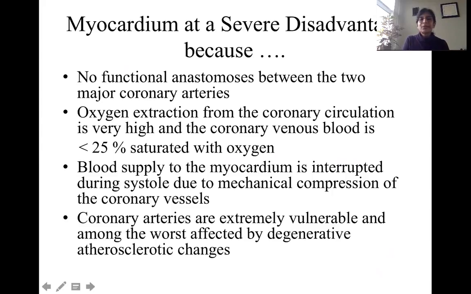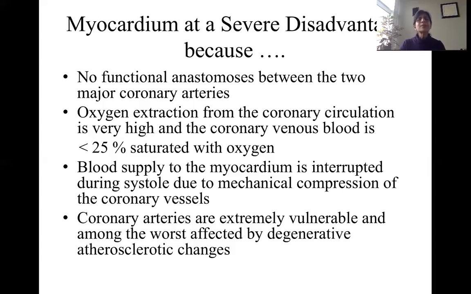What are these challenges? Well, they're listed here. No functional anastomosis between the two major coronary arteries. Anastomosis are these connections between the vessels. They could be arteriovenous anastomosis, arterial-arterial anastomosis, meaning basically there are little branches that begin from one artery and connect the other artery.